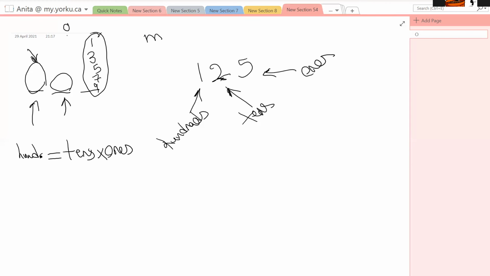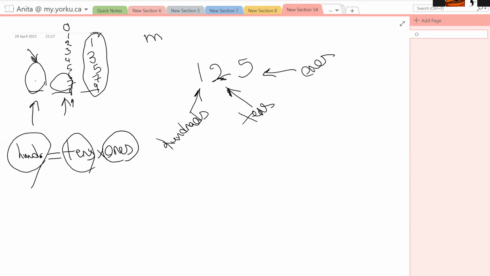So 0, 1, 2, 3, 4, 5, 6, 7, 8, 9, any of these could go. Now, what it says is that tens times ones is going to be the hundreds.